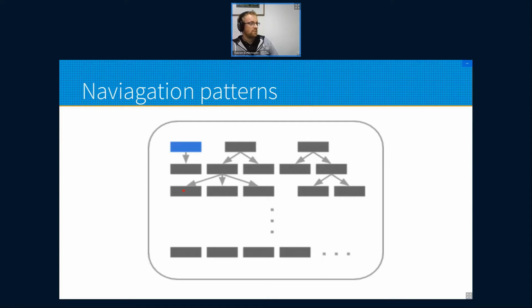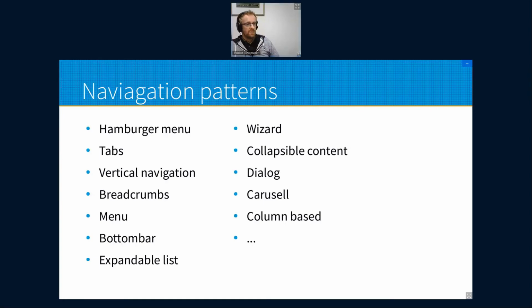Or you can have jumps, like most hyperlinks in websites are, where you just jump directly from one point to the other. And there are lots and lots of navigation patterns to achieve this.